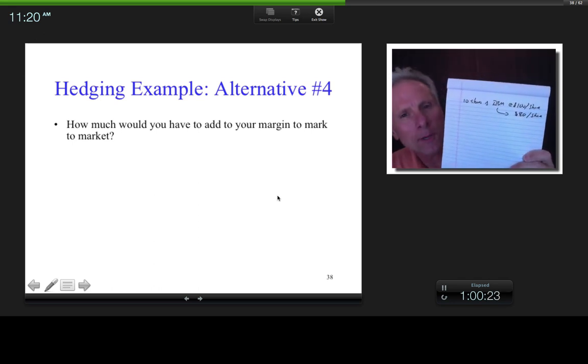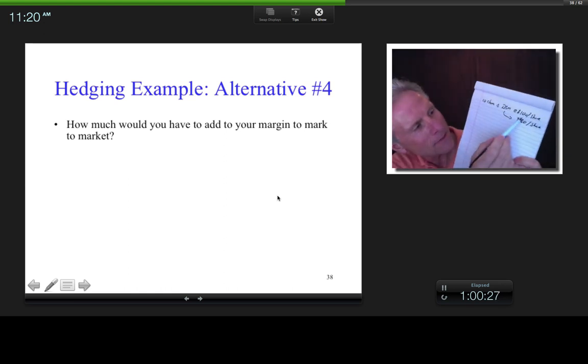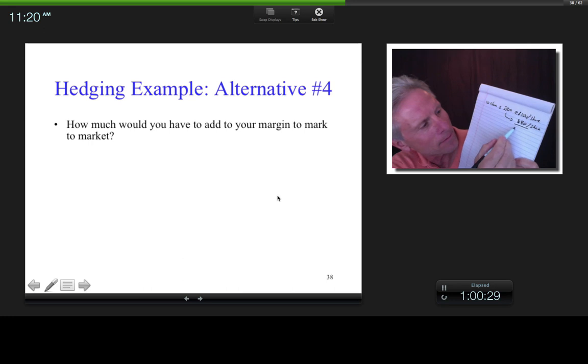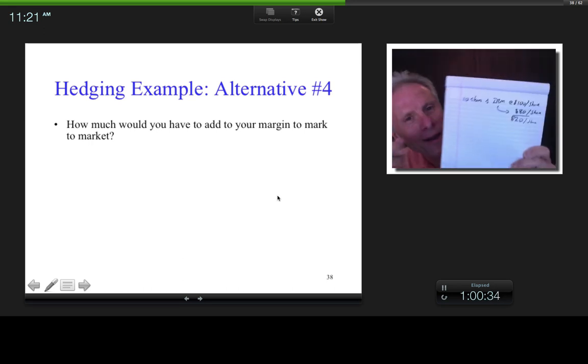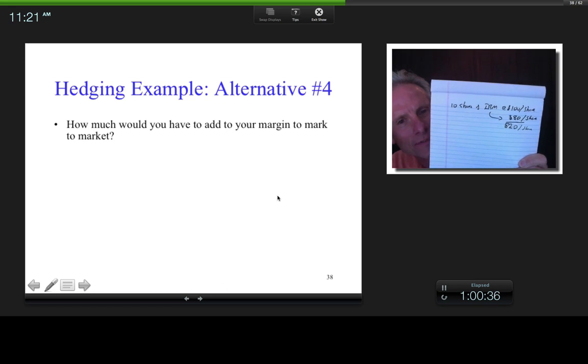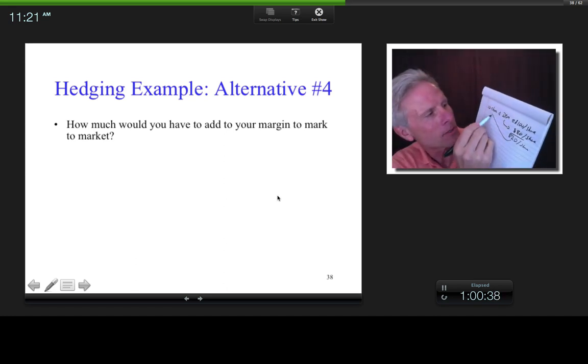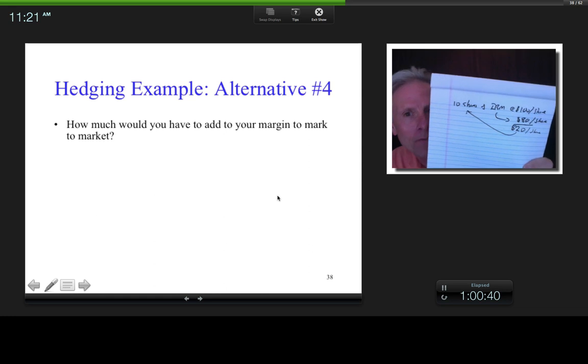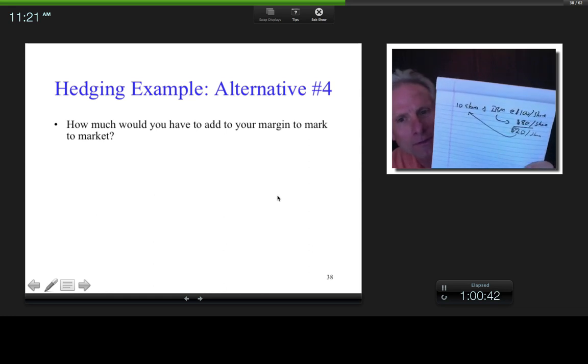Could I calculate how much I lost? Sure. I could take this difference, 100 minus 80 is 20, so $20 per share. And I would apply that to how many shares? I would apply it to 10 shares, so I will have lost $200.